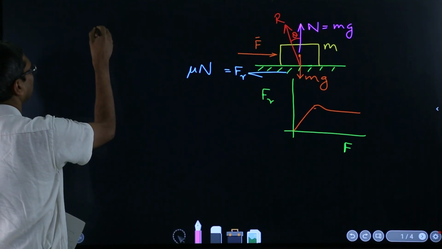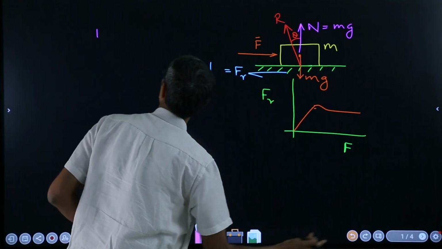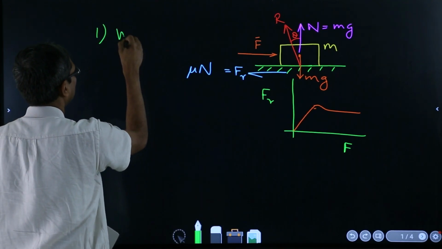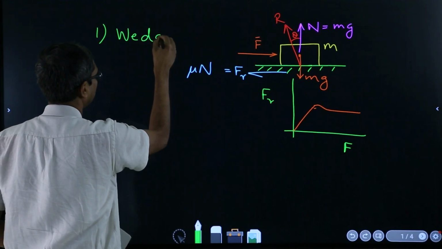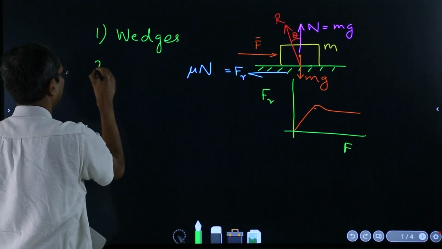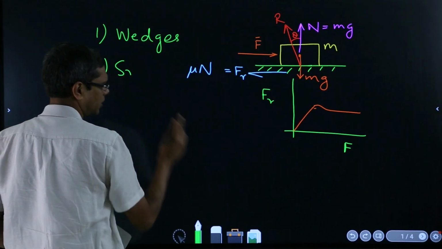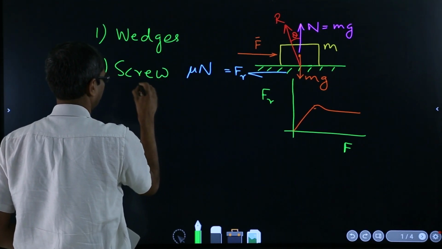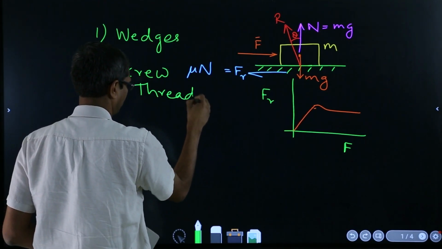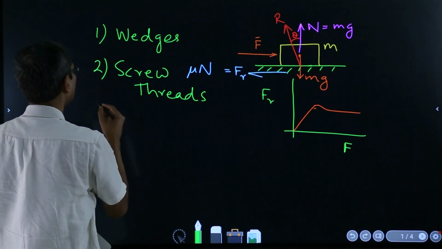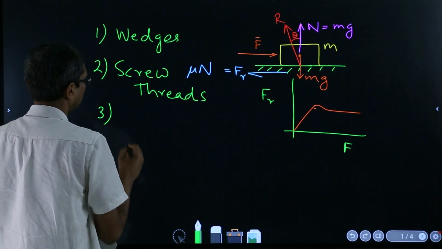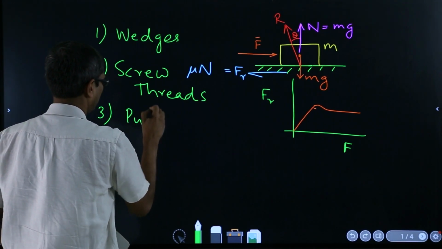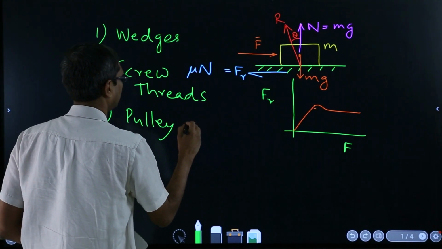So in fact, if I want to list them out, one is we will discuss wedges, then we will discuss screw threads, square type, well, we'll come to that, and like, you know, pulley drives.